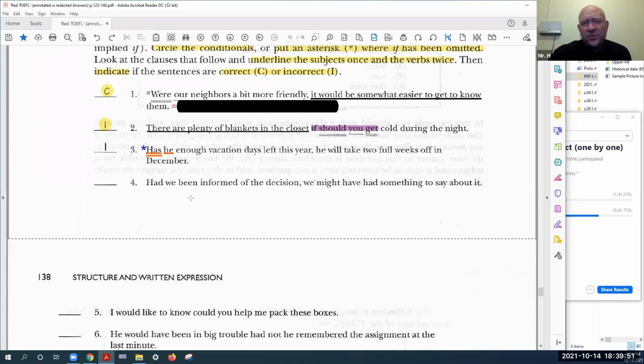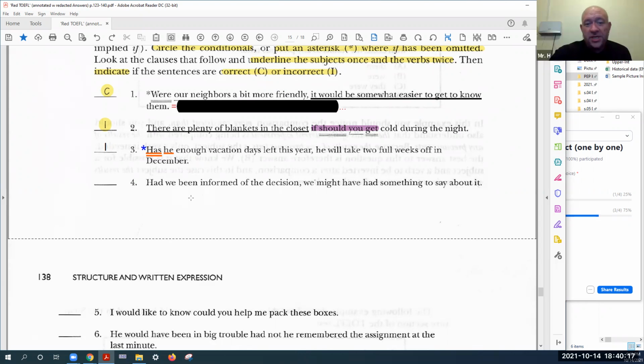So how do I fix it? What do I do? Replace has with had. Actually, sorry, wait a minute. First, look at the main clause first. Where is the main clause? He will take 2 full weeks off in December.